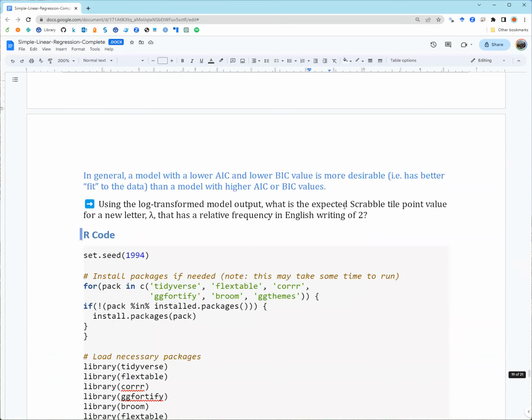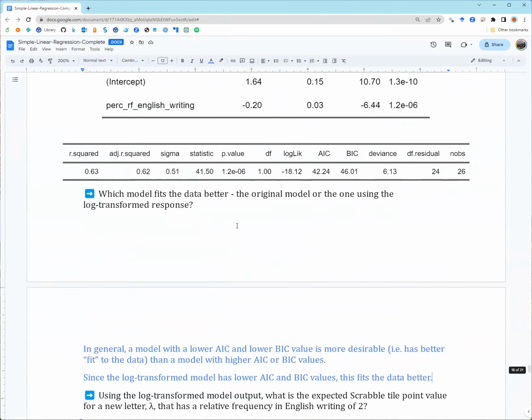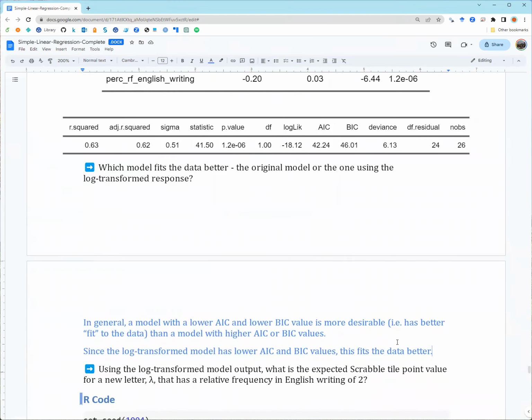So since the log transformed model has lower AIC and BIC values, this fits the data better. And the reason that matters is that maybe this will give better predicted values for our data set using the log transformed model.